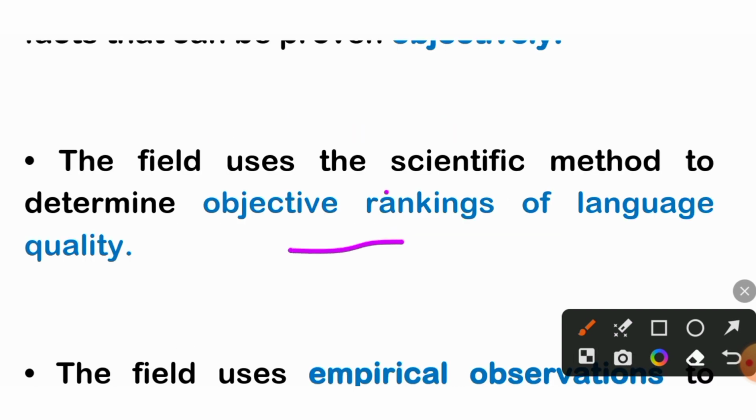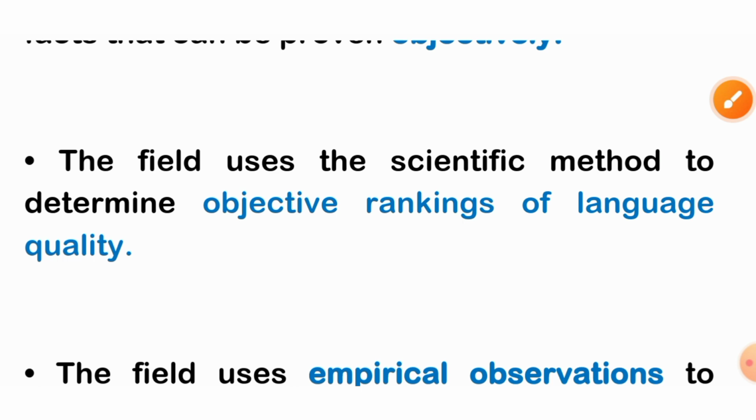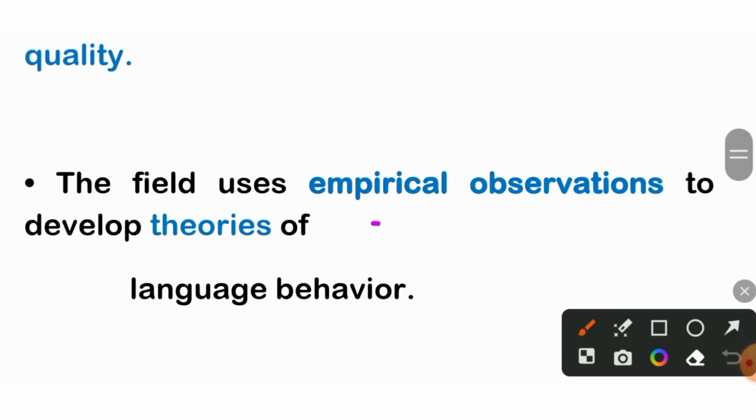The field uses the scientific method to determine objective rankings of language quality. All the parameters, all the methods, the ways are scientific and objective. The field uses empirical observation to develop theories of language behavior.